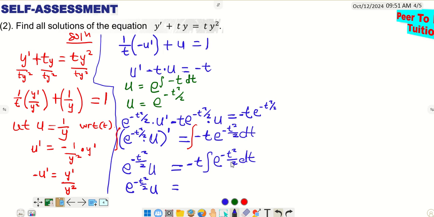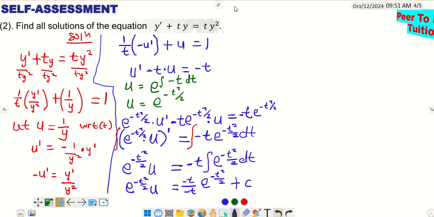And if I cancel out, I'll get negative t. So the negative t will come and divide here. Then I integrate the whole exponential function. If I integrate an exponential function, I'll get the same thing, e^(-t²/2). Then you add your constant of integration to it.